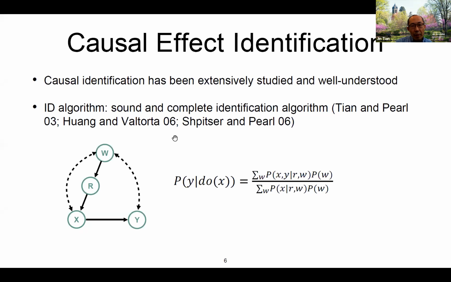It's sound and complete in the sense that if a causal effect is identifiable, like in this model, then the ID algorithm will express the effect in terms of the distribution. If the effect is not identifiable, the ID algorithm will just output no. So it's complete in this sense.